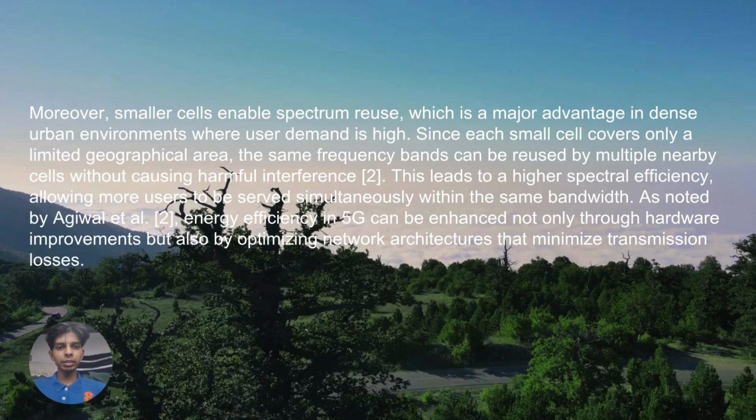The second journal says this leads to a higher spectral efficiency, allowing more users to be served simultaneously within the same bandwidth. As noted by Edgewell et al., energy efficiency in 5G can be enhanced not only through hardware improvement but also by optimizing network architectures that minimize transmission losses.